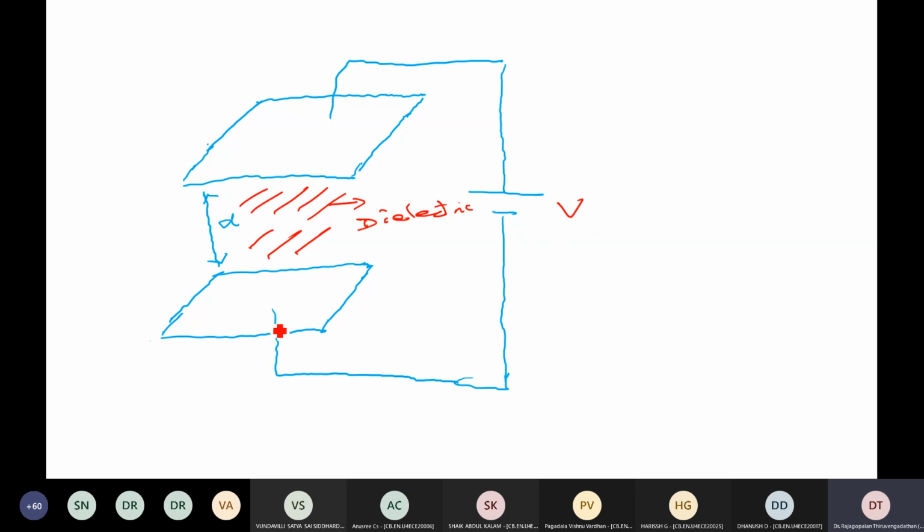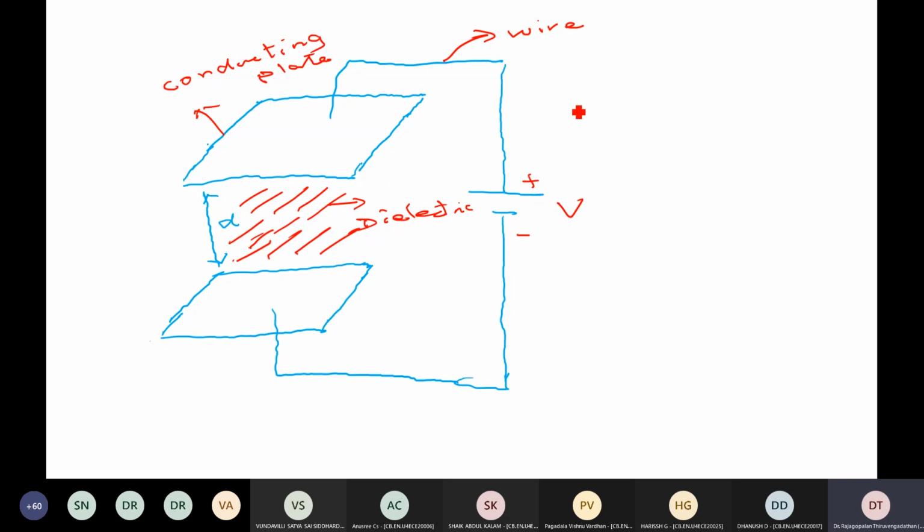I apply a battery, this positive, this negative, and two conducting plates connected by wire. So the dielectric is in between these two plates. Okay, so the dielectric separates the two plates by a finite distance.